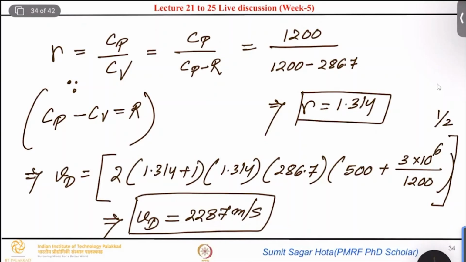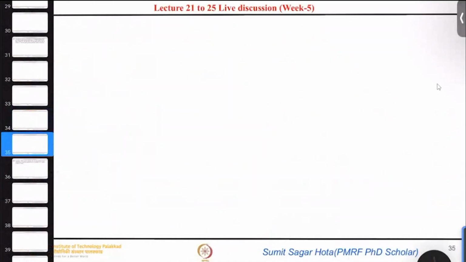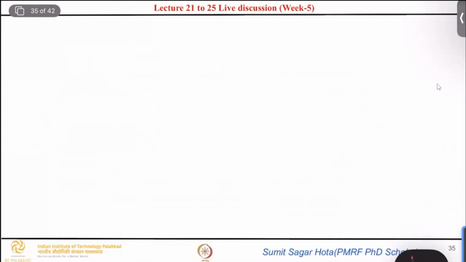Now sometimes it may ask about the units, so I will also show you how this unit of meter per second came into existence.